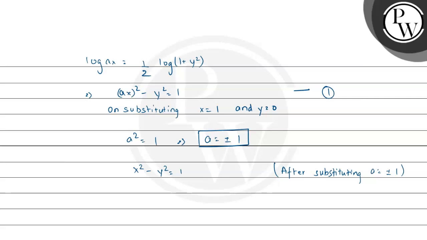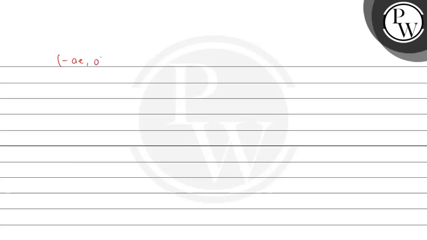A hyperbola of the form x square upon a square minus y square upon b square is equal to 1 has foci (minus ae, 0) and (ae, 0), because a hyperbola always has two foci, and here e stands for eccentricity, and eccentricity is evaluated as under root of 1 plus b square upon a square.